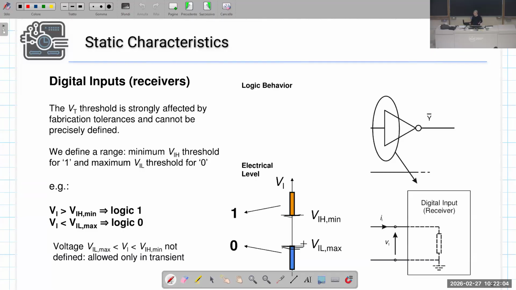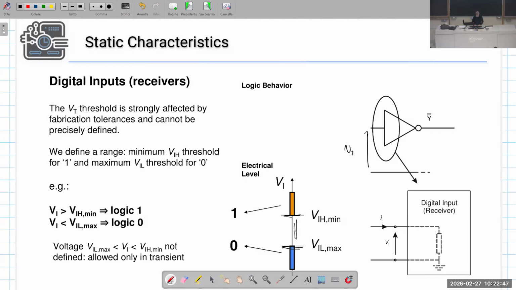For inputs VI falling in this voltage range, the operation of the gate would be highly unreliable and unpredictable, and for this reason they are not associated to any useful logical information.